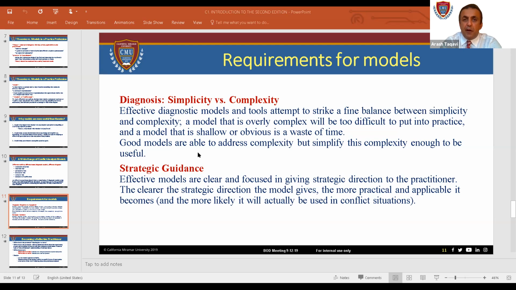It is very important to know about the transparency of your strategic model, in what level, in what degree the model you are using for resolving your conflict can give you the strategic direction, the strategic steps, the strategic pathway, and the more likely it will actually be used in a conflict situation.